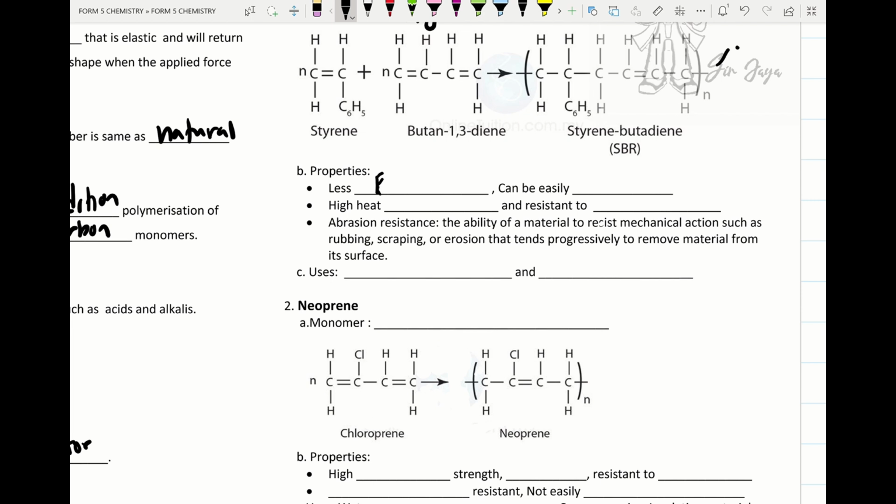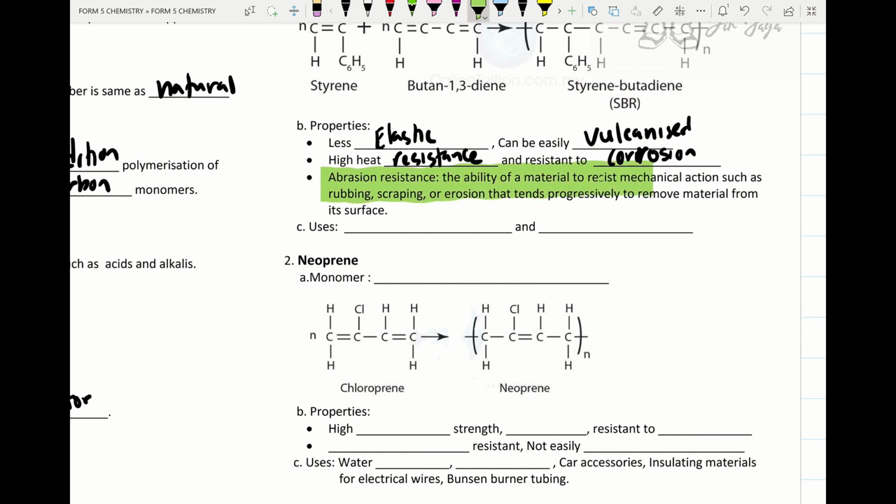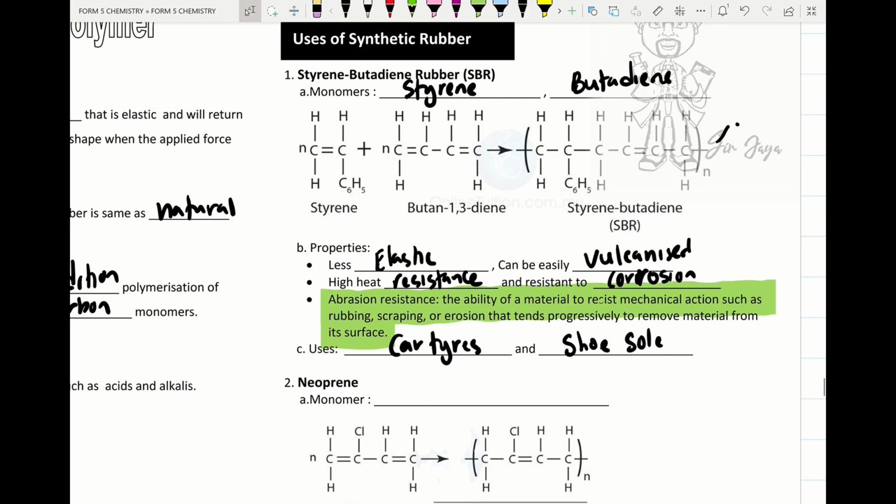Styrene butadiene is less elastic, can be easily vulcanized, has high heat resistance and resistance to corrosion, and is abrasion resistant, the ability of the material to resist mechanical action such as rubbing, scraping, erosion, which tend progressively to remove material from its surface. SBR rubber is used to make car tires and also shoe soles. So please remember this.